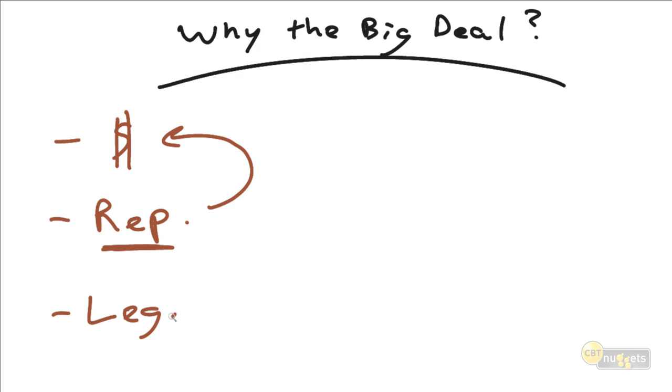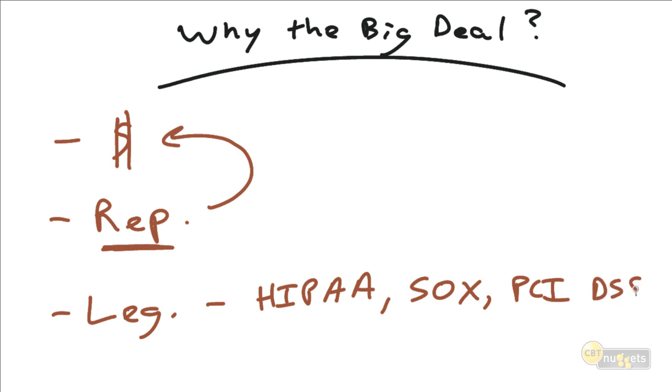How about legislation? Yeah, more and more there are legislations like HIPAA and SOX and PCI DSS. And these legislations force companies to go ahead and really invest in network security.